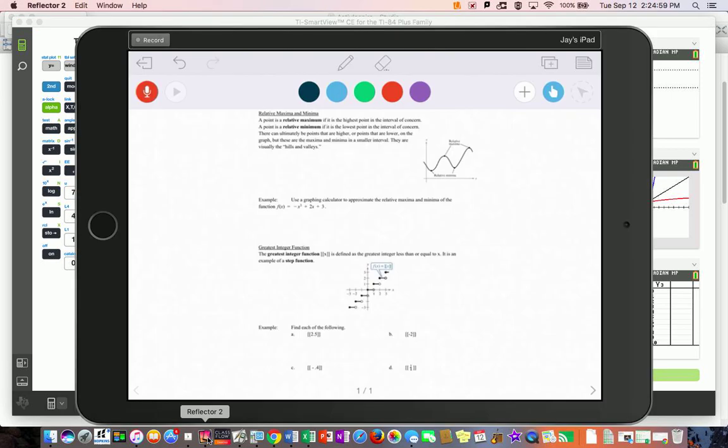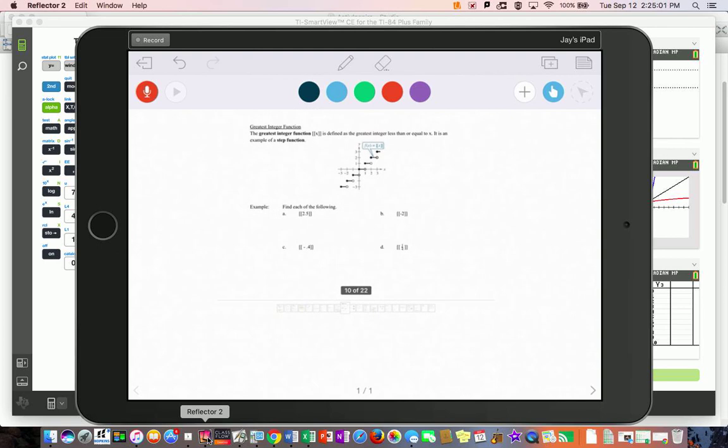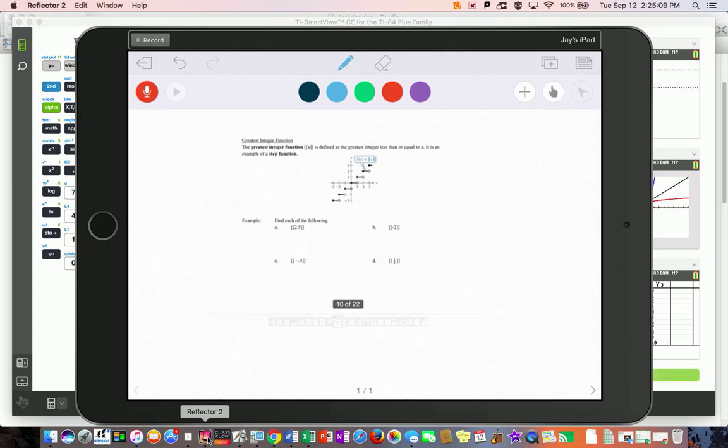So the next thing we're looking at is what's called a step function. It is the greatest integer function, not to be confused with rounding, because if I do 2.1 in this greatest integer function, it's a 2. If I did 2.5, it would be a 2.